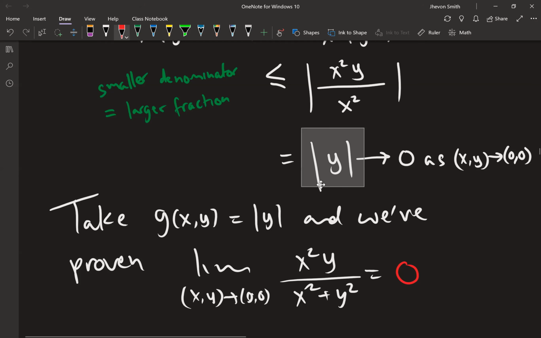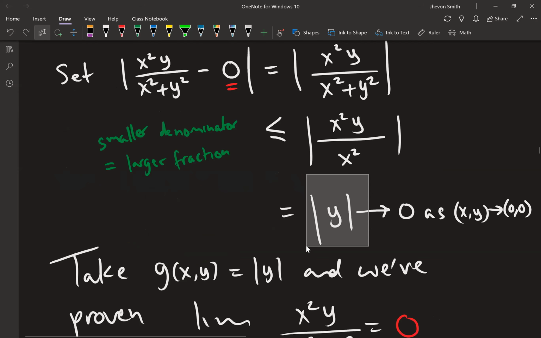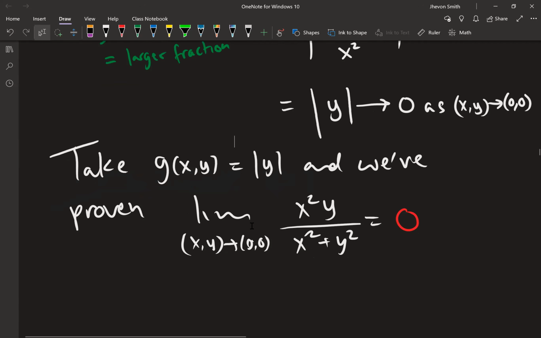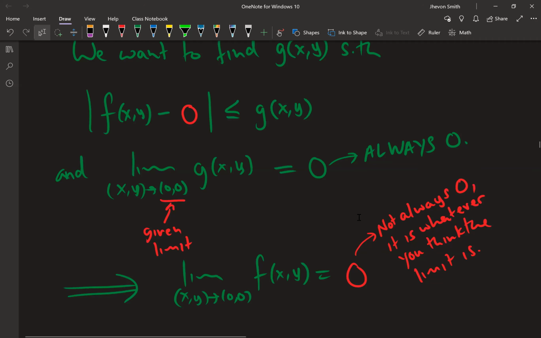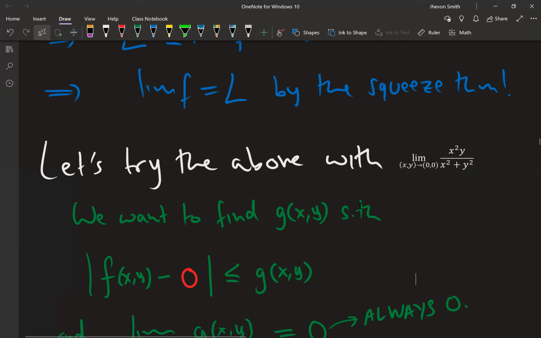The function absolute value of y will work, because |f(x,y) minus L| is less than or equal to this function, and that function approaches 0 as I take the limit. So we've just proven that the limit equals 0 using the squeeze theorem. And effectively, this checks from any direction, infinite directions, because we're literally applying a theorem that we know is true for absolute values in all directions.